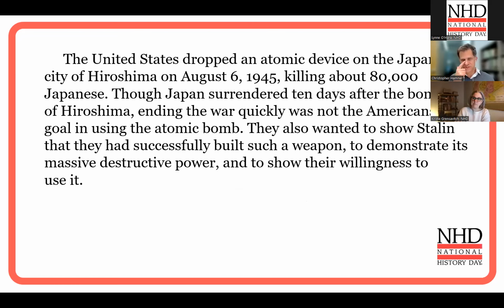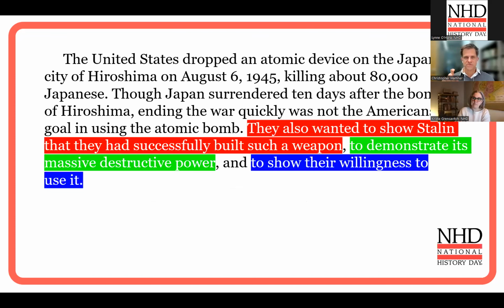And let's blow it up for a second and see what's going on here visually. We've got 3 separate ideas about what the Americans were trying to achieve in using the atomic bomb at Hiroshima. And I've tinted them in red, in green, and in blue.